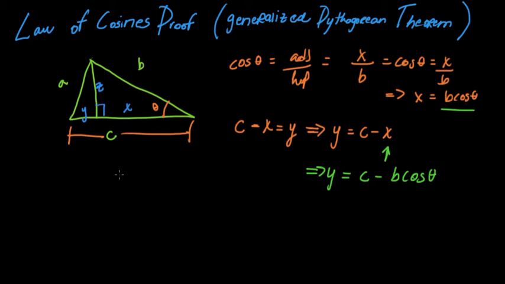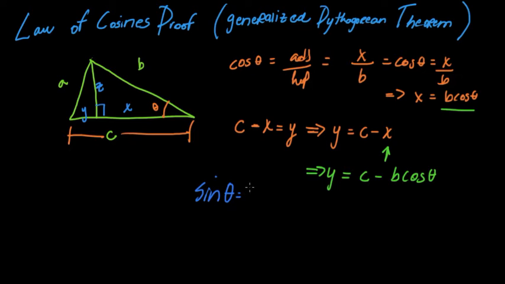So from here, let's go ahead and find what z is equal to. Well, z would be, from this angle, the opposite. What trig ratio involves the opposite and the hypotenuse? Well, I'm looking at the sine trig function.